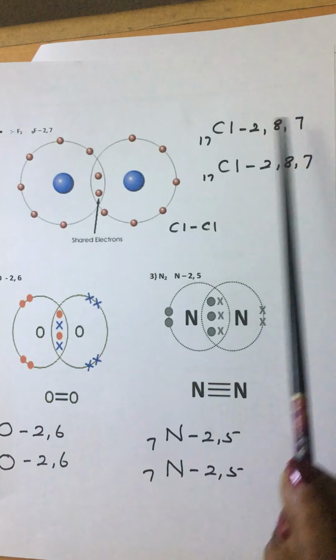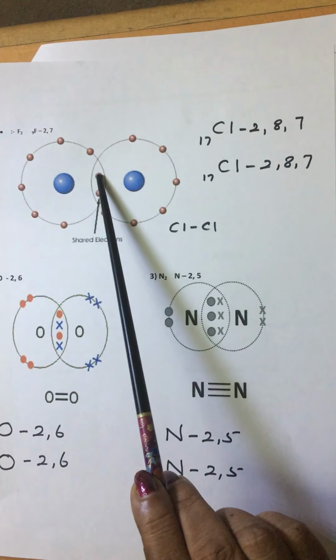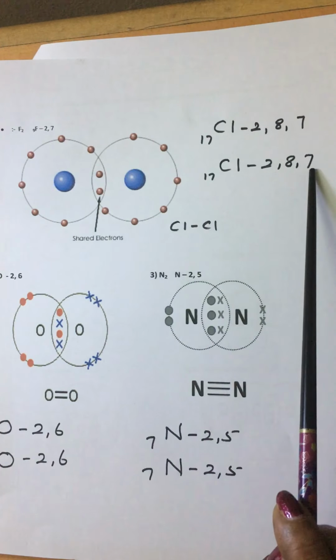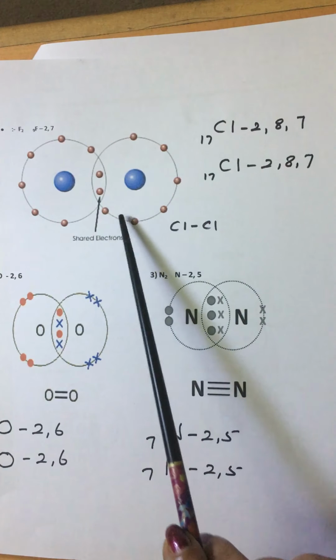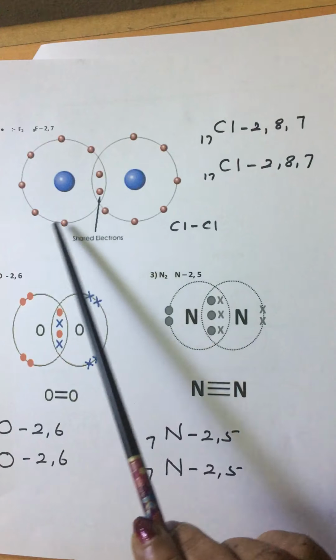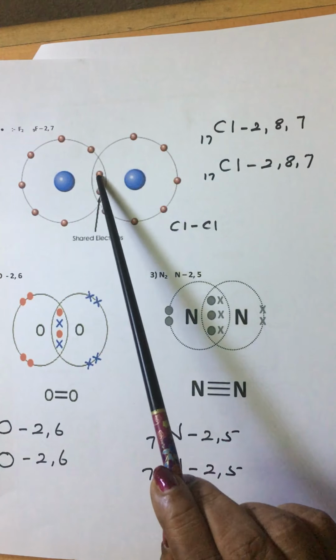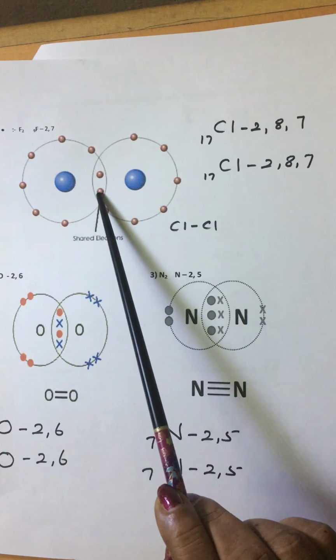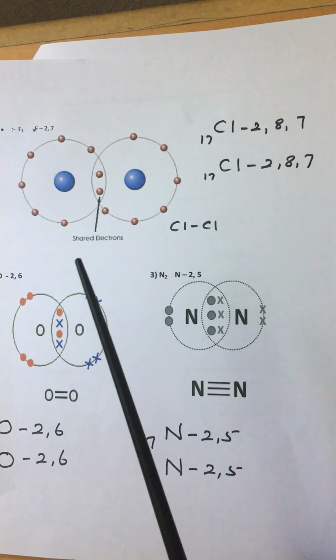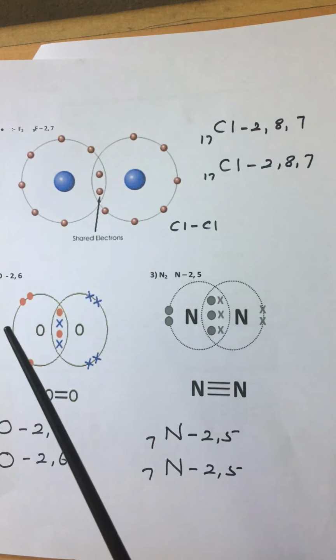So out of 7, 1 you have to indicate here. The other 6 outside. Here also 7, 1 is inside, 6 outside. So when you count, this is 8, here also 8. So 1 pair of electrons sharing, therefore 1 line. So now this is the bond formation between 2 atoms.